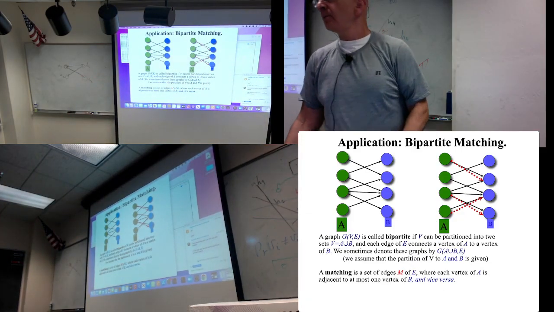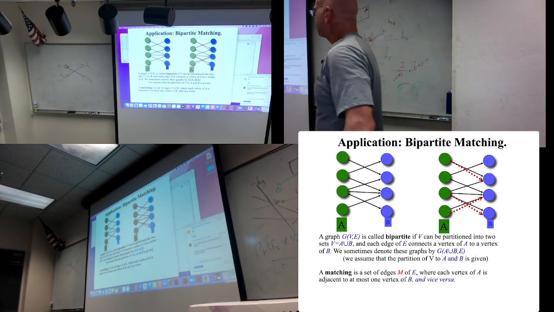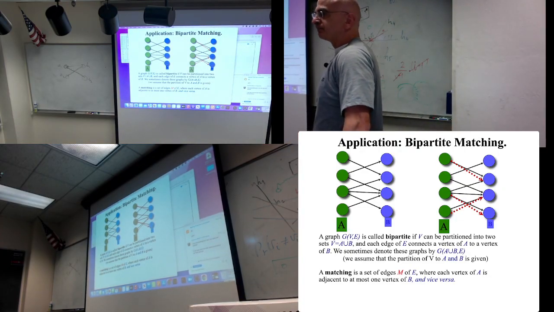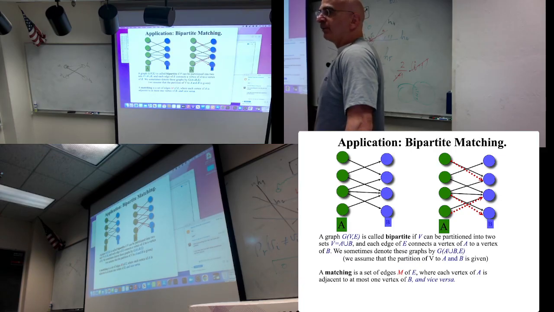So there are a lot of ways to solve bipartite matching. You can phrase it as a flow problem. Later today, you'll learn what flow problems are. You can use an augmenting path. And you can find a lot of libraries that solve bipartite matching.